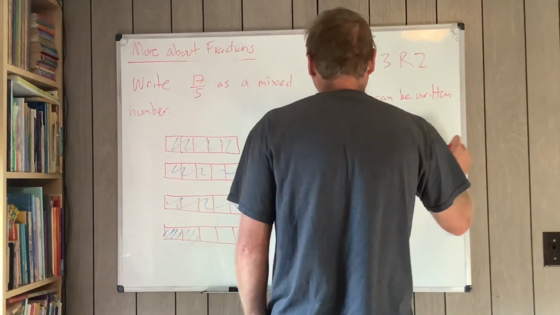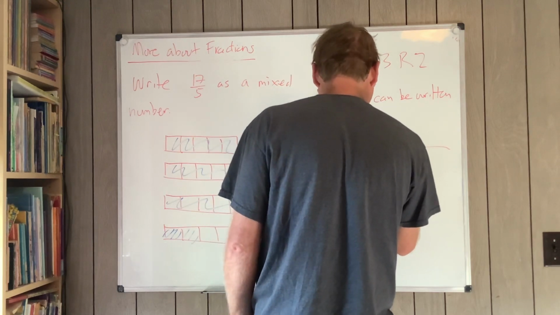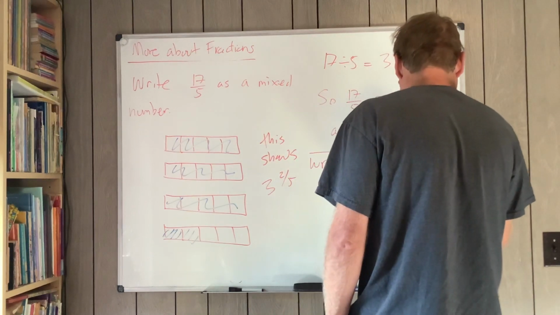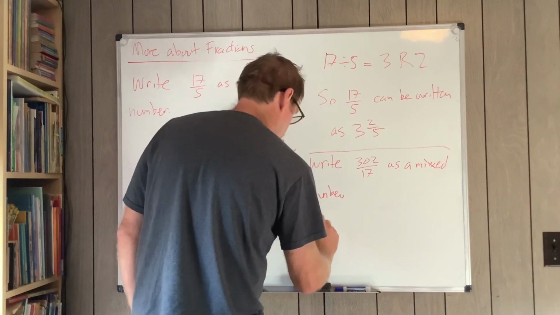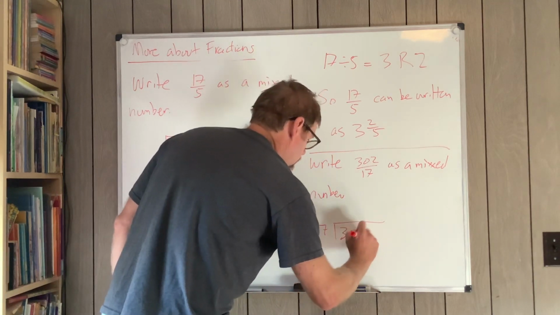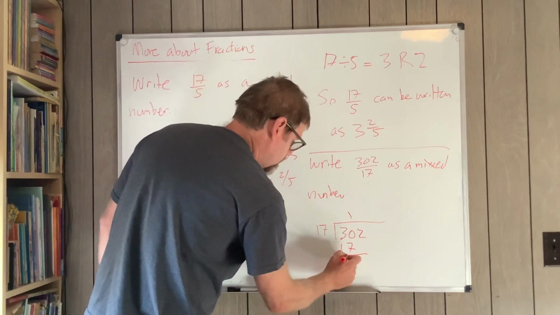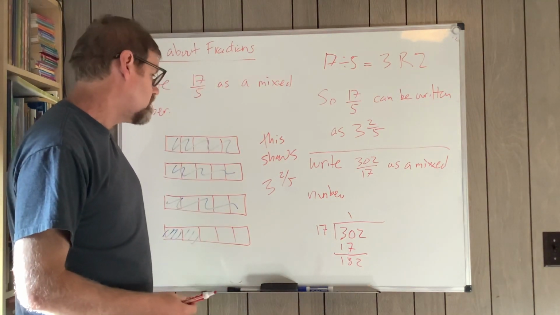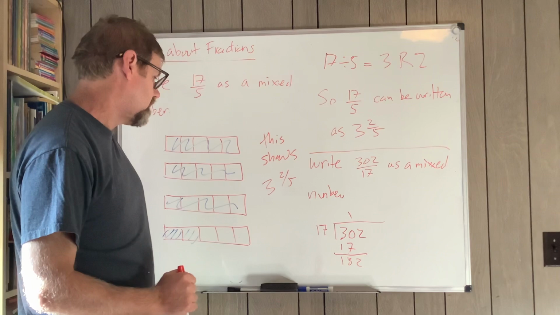Right, so we can also do something even bigger. So write, let's say, 302 17ths as a mixed number. Let's see, how many is that going to be? 5 is about 87. It might be 8.